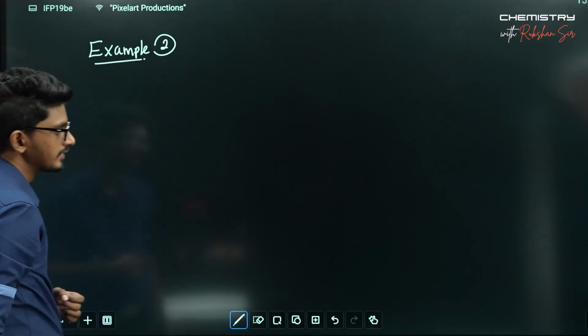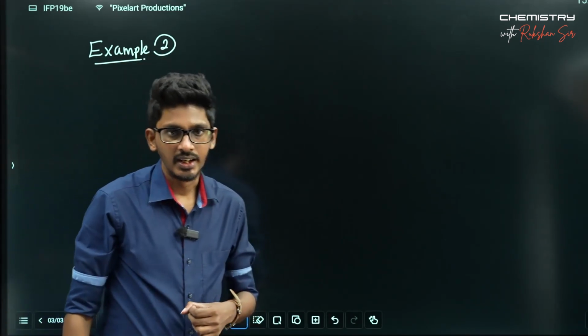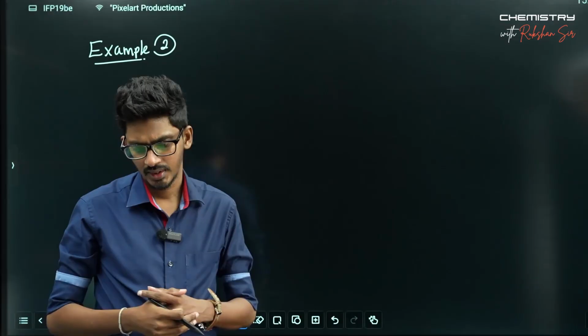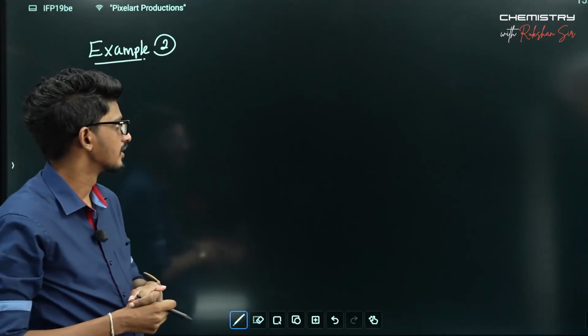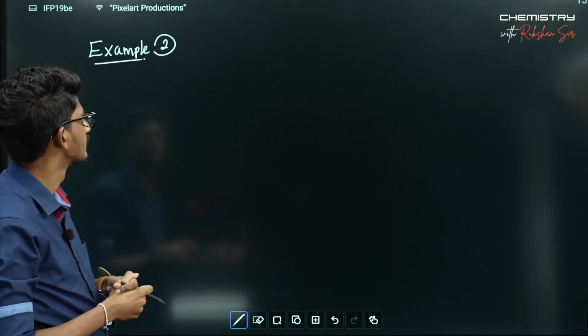Regarding the secondary alkyl halides, the mechanism, right? Let's discuss this kind of example.